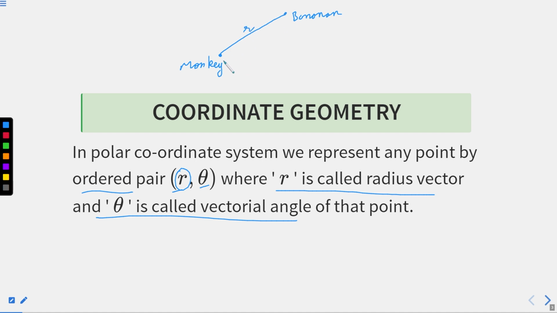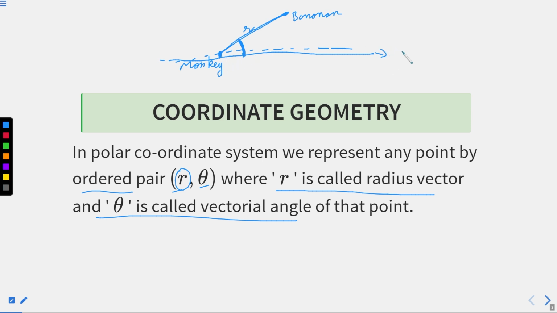Suppose here is a line, and theta means the small gap from this r length to this horizontal line where the monkey is standing.